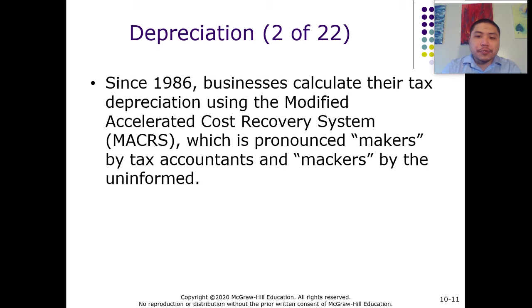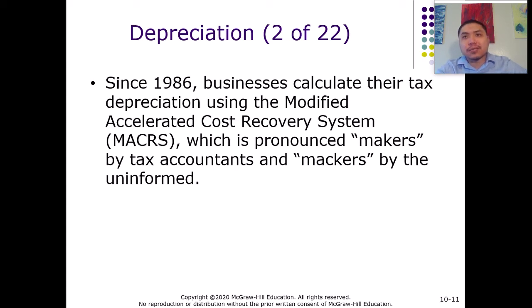But we call it MACRS, right? And this system makes it easier for tax accounting to account for tax expenditures of assets, right? So as you remember, in financial accounting, the way we depreciate the assets can be very subjective, right?